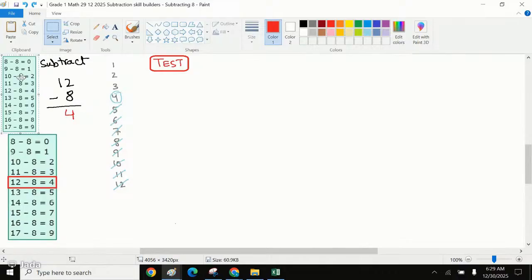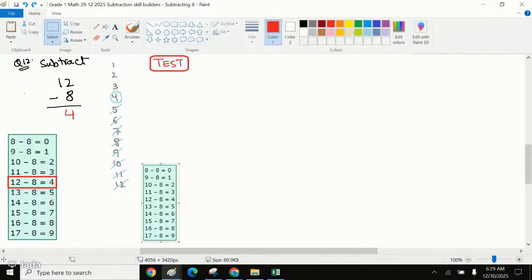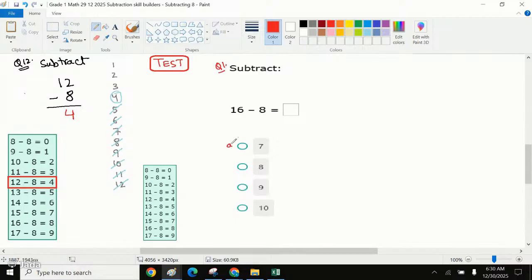The first question says 16 minus 8, and the options given are A, B, C, and D. This is question number 1 from the test, with option A, option B, option C, and option D.